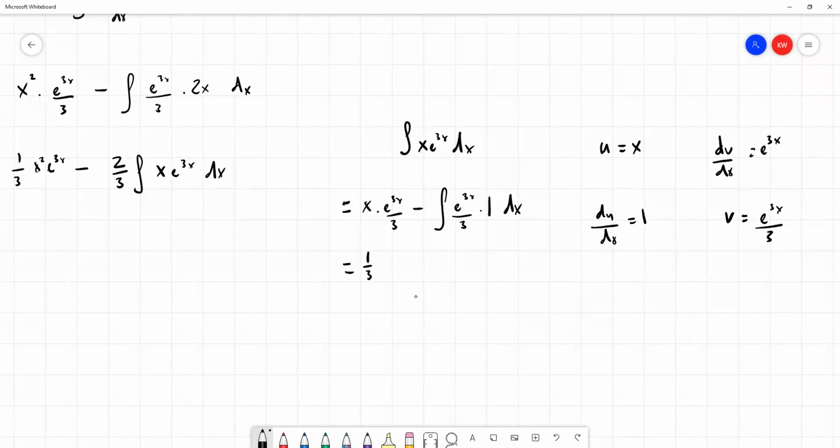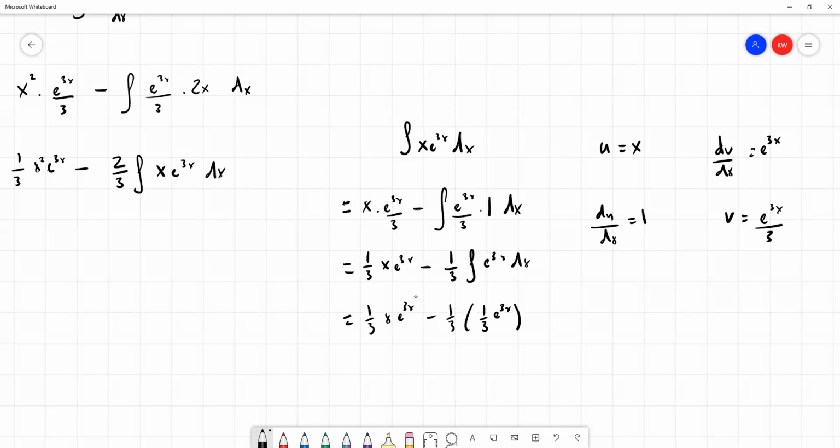That's going to equal 1/3 x e to the 3x minus 1/3 the integral of e to the 3x dx. And we've encountered the integral of e to the 3x dx multiple times in this question. It's going to be 1/3 x e to the 3x minus 1/3 times 1/3 e to the 3x.